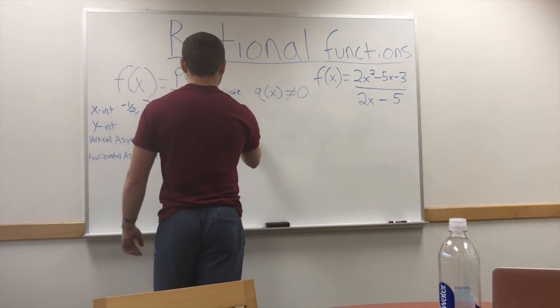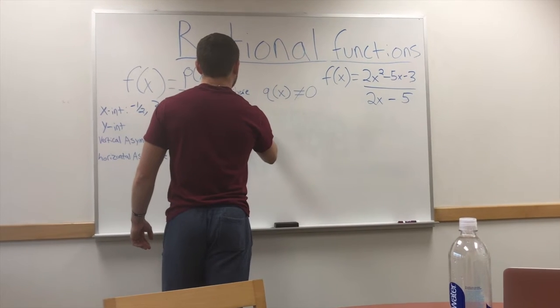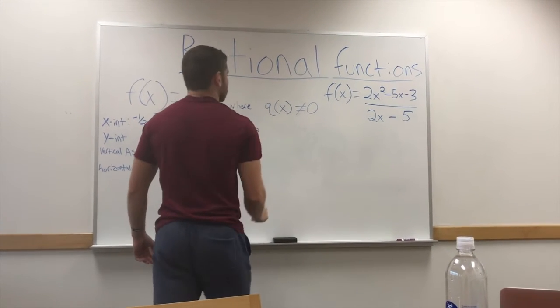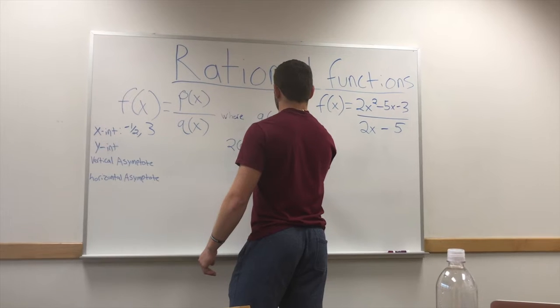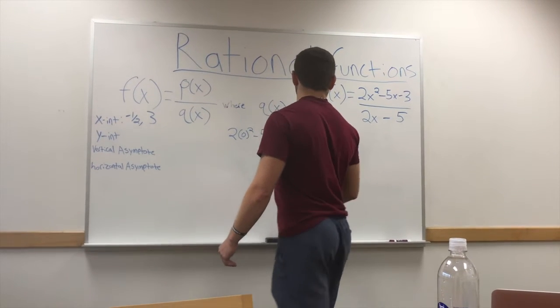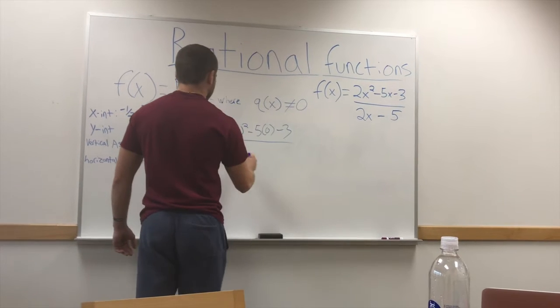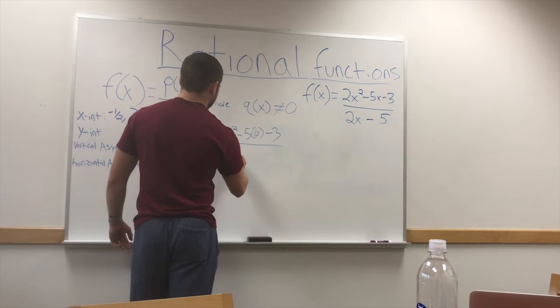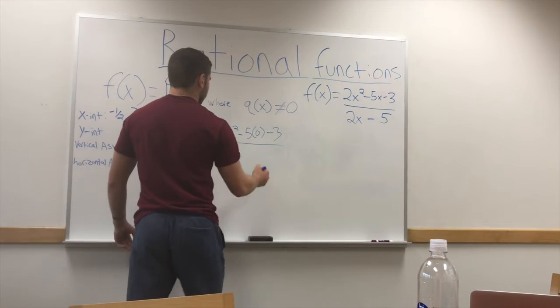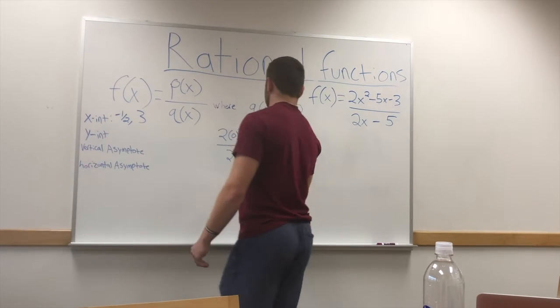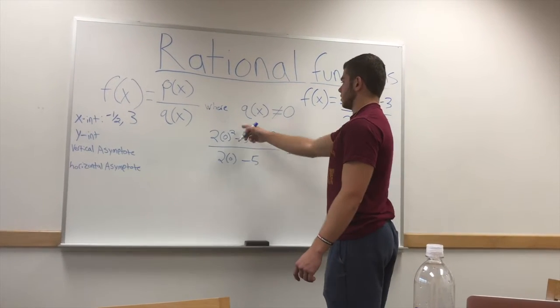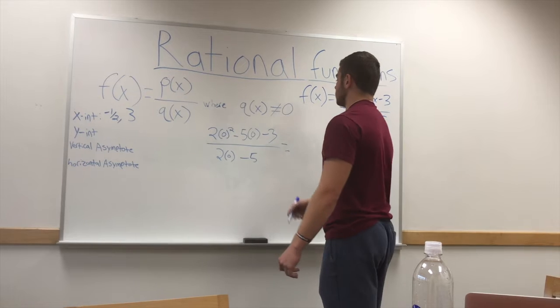Okay. So we have 2 times 0 squared minus 5 times 0 minus 3 over 2 times 0 minus 5. Substitute that out. 0 squared times 2 is 0.